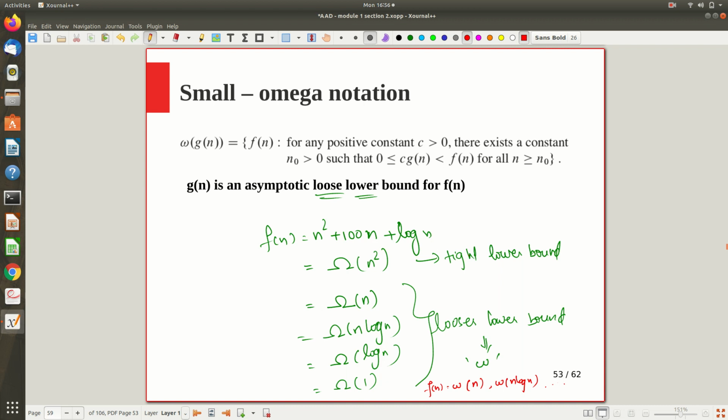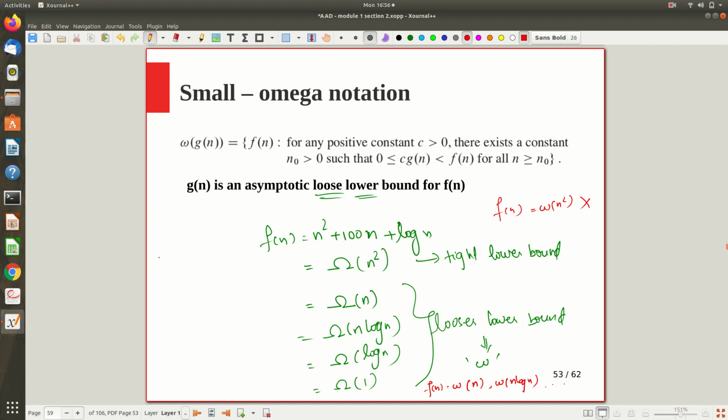But if you write f of n is small omega of n square, this is wrong. Here it is something like less than, but even though you write it as equal to, that is also fine. The looser bound is captured by any constant c.